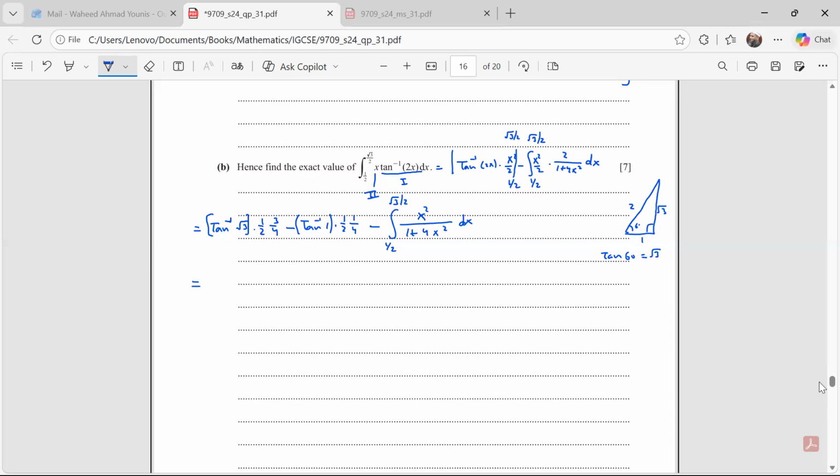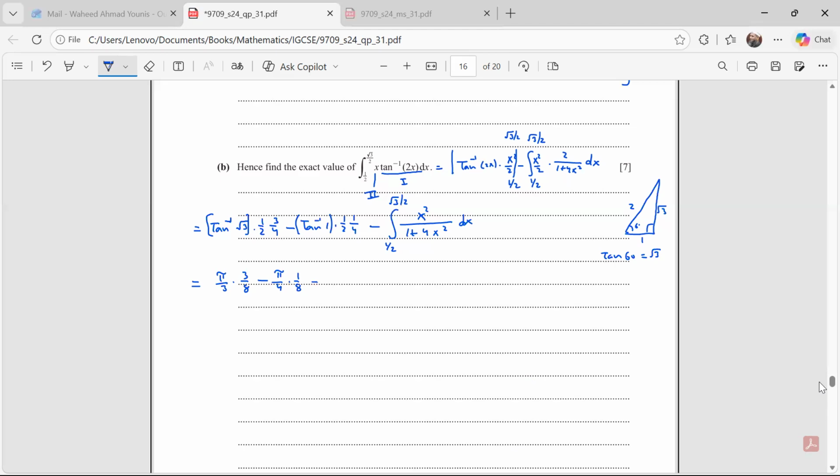So it means tangent inverse of under root 3 is 60 degree. So this is going to be 60 degree, and 60 degree means pi by 3, into 3 by 8. Okay, minus. Now tangent inverse 1 is 45 degree. 45 degree means pi by 4, into 1 by 8.